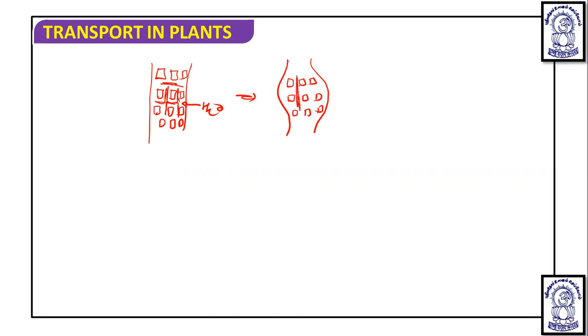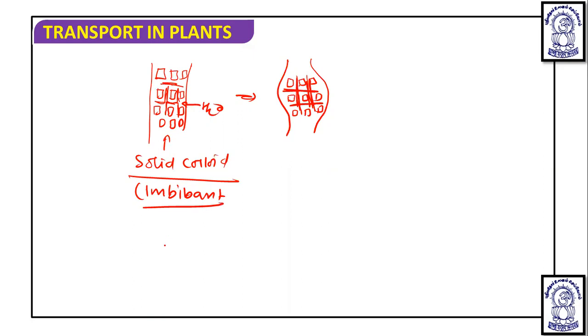And that is obviously due to the accumulation of water between the cells. So this here is a solid colloid which is absorbing the water, and that is known as imbibant.